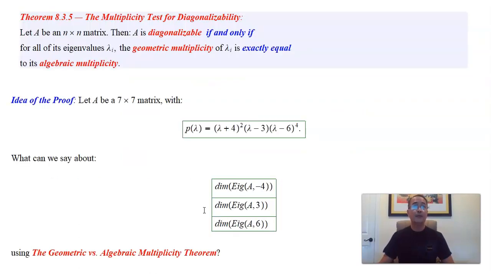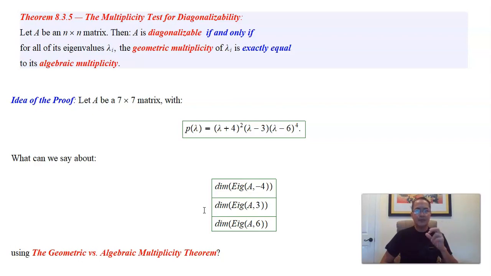Alright, so now we get to the main theorem for this video, and that is the multiplicity test for diagonalizability. We saw in many of our last examples over the last 3 videos that there are some matrices.